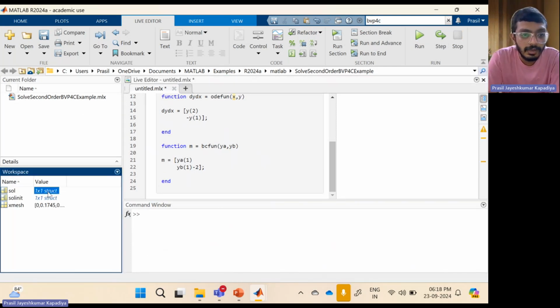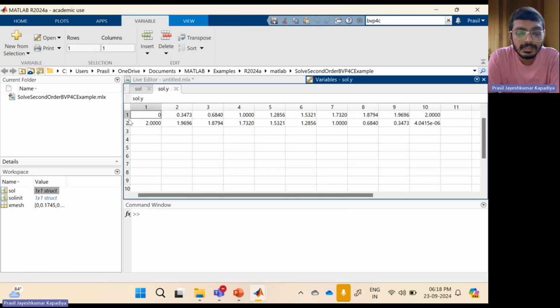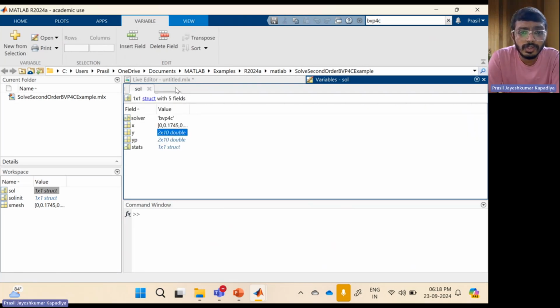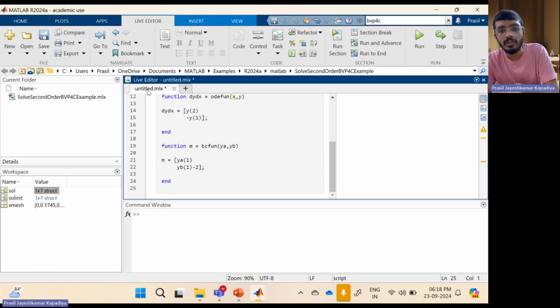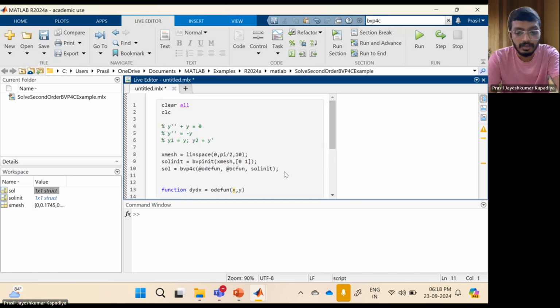So see, I have the solution, but from this solution I need the first row and all columns. This is my solution. So what can I do? Let's say I'm plotting my solution. X mesh I am already having.